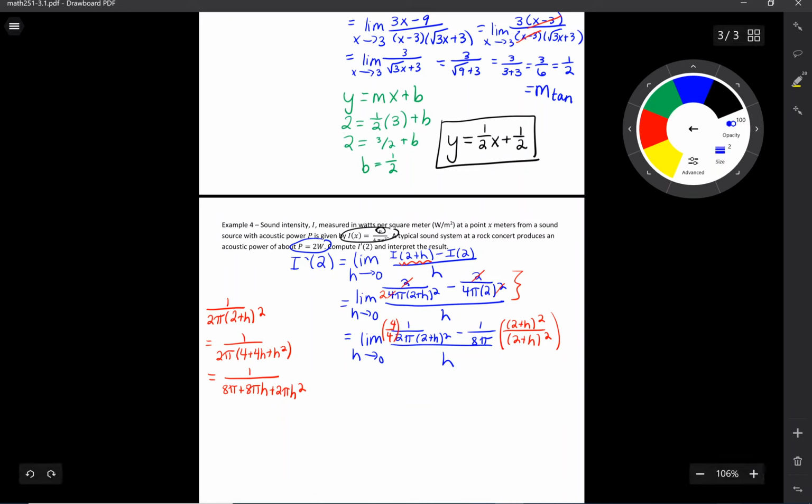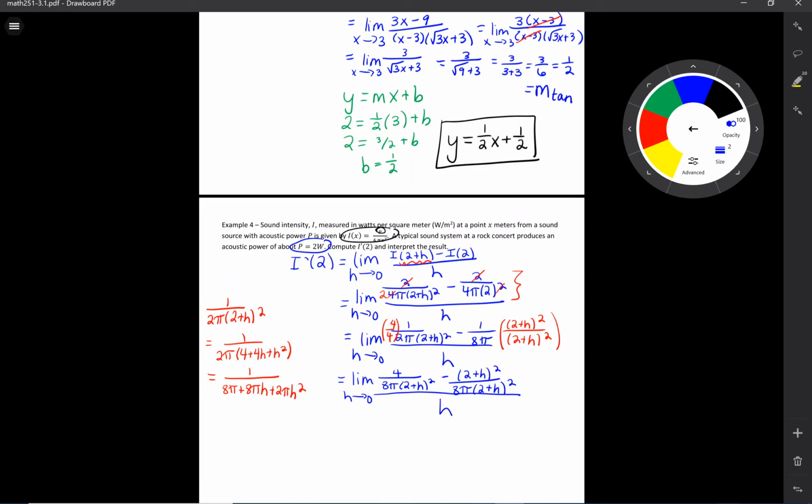All right, so I have the limit as h goes to 0. This becomes 4 over 8 pi times (2 plus h) squared, minus (2 plus h) squared over 8 pi times (2 plus h) squared. All of this over h.